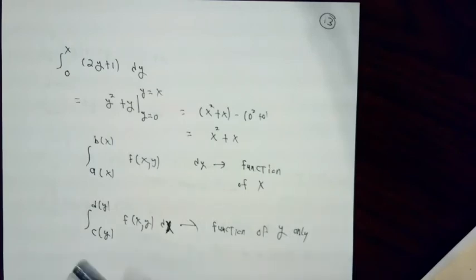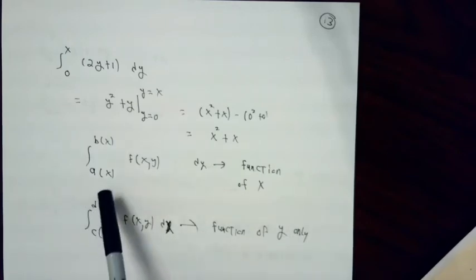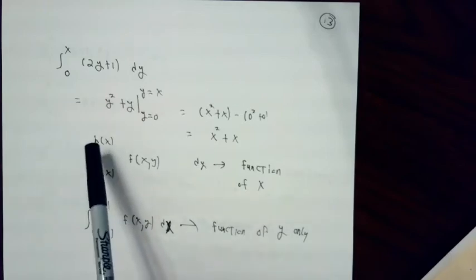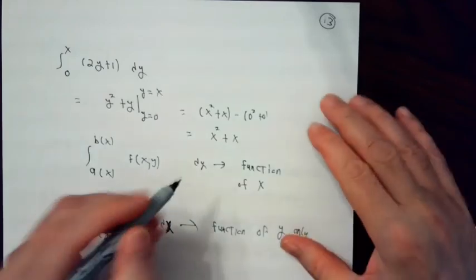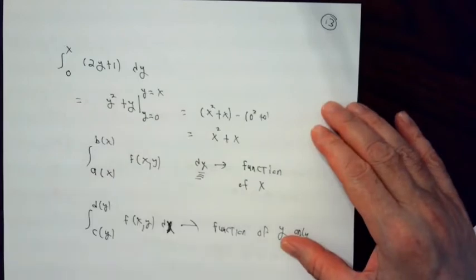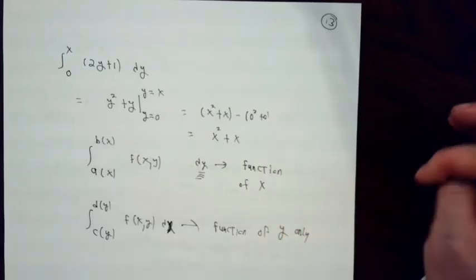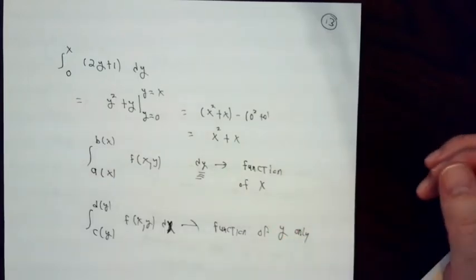Generally speaking, if you integrate from a function of x to some other function of x, f of x and y, with respect to y, I just realized that looked an awful lot like an x.